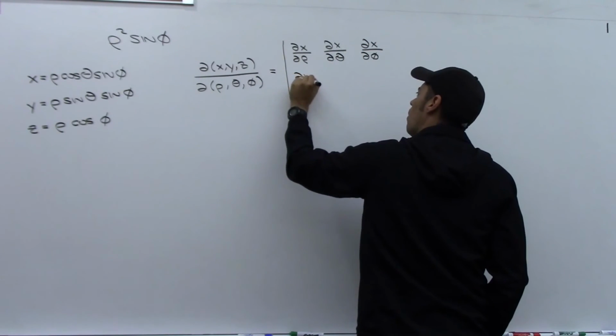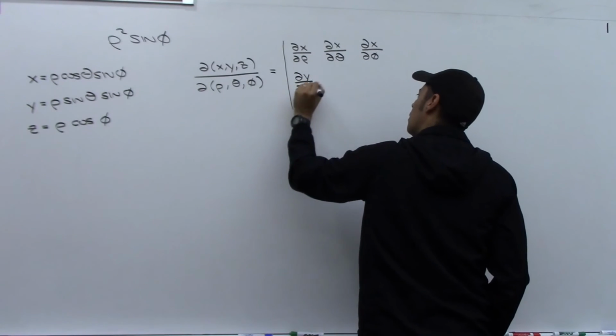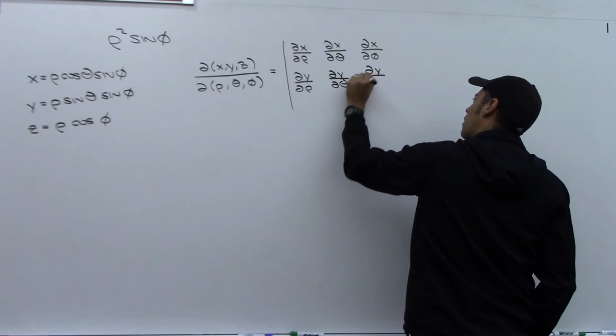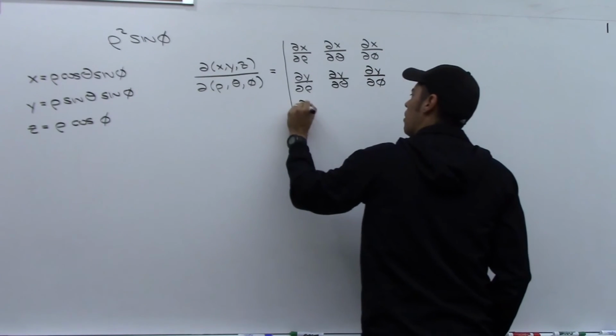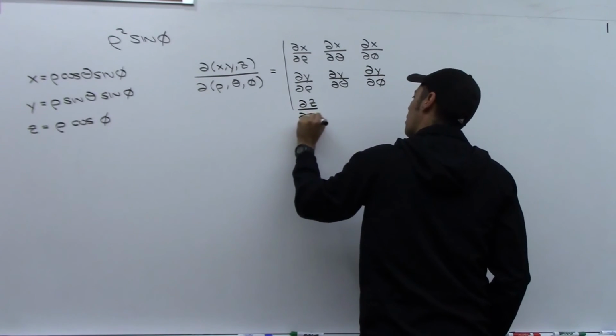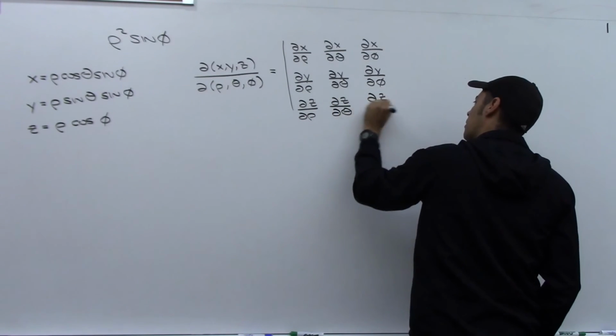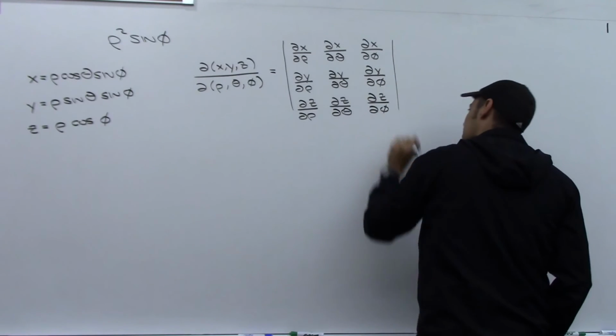Then partial y with respect to rho, partial y with respect to theta, partial y with respect to phi. Partial z with respect to rho, partial z with respect to theta, partial z with respect to phi. I need the determinant of that.